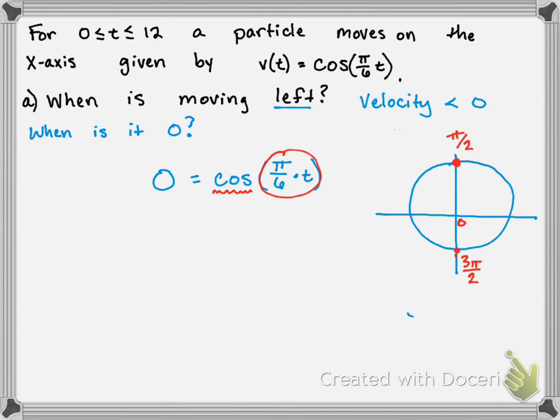So let's think about it: if I take pi over 6 times some number, I need it to give me pi over 2. Think about 6 divided by what gives you 2? 3.